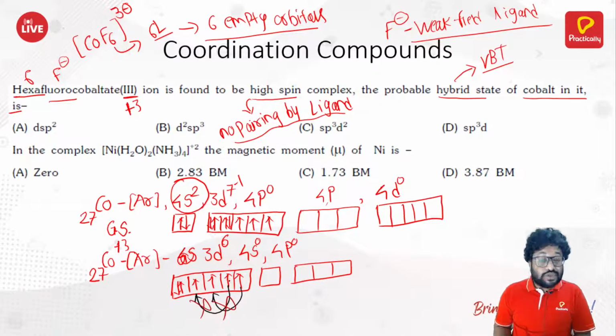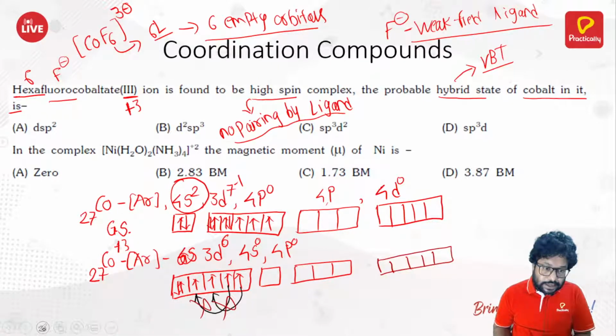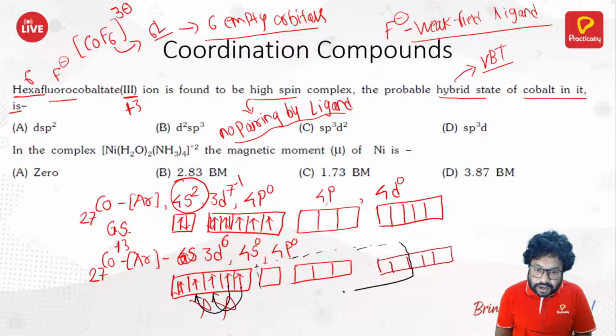But you need to make available 6 empty orbitals. How would you make it? Then you need to take the outer d orbital. So in this case, you need to take the outer d orbital, and that is how you get this 2d orbital. So you get 1s, 3p, px, py, pz, and 2d.